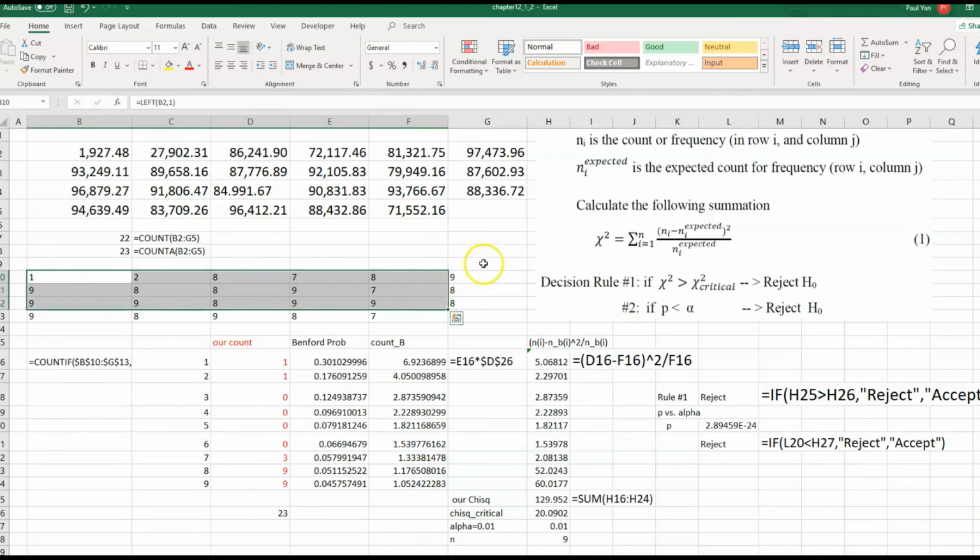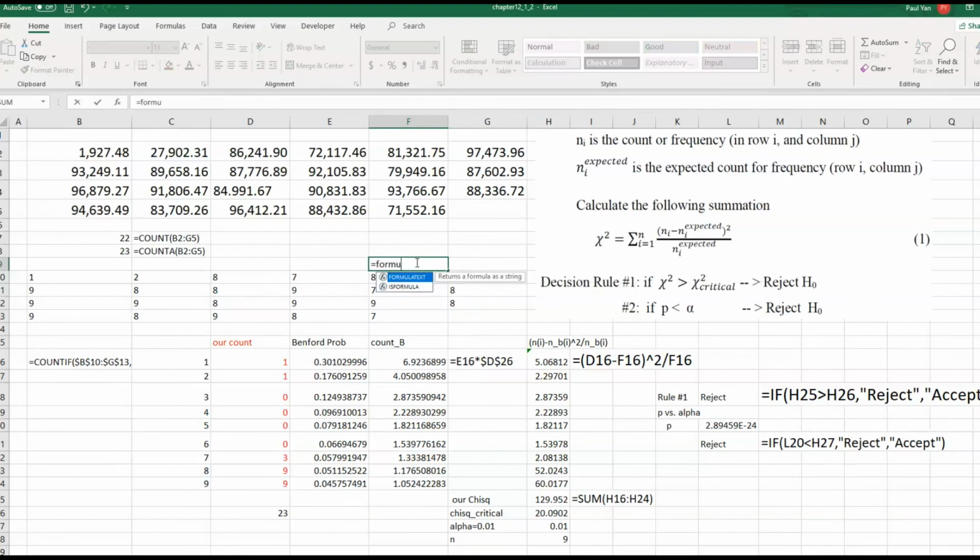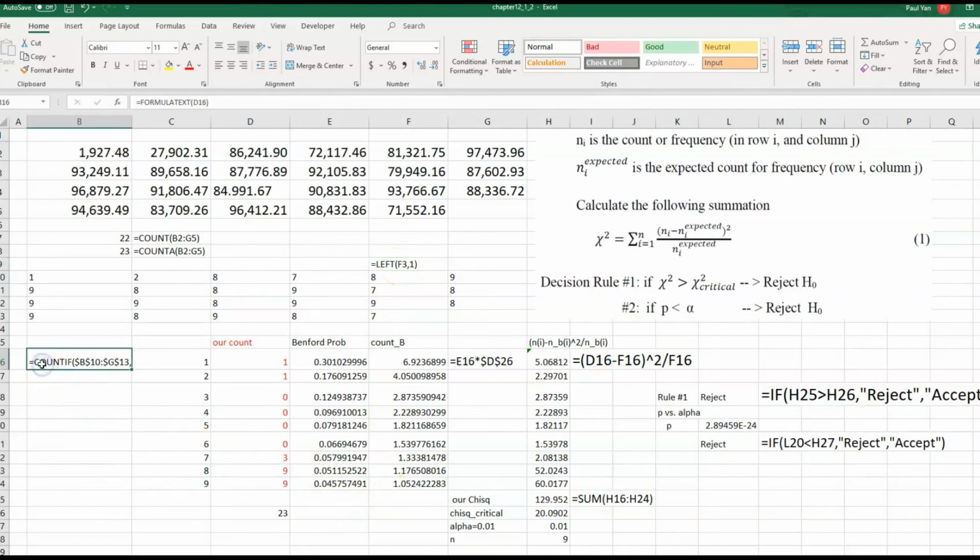We use the LEFT function on our numerical values to choose the first digit. Then we use COUNTIF to count the frequency of 1, the frequency of 2, the frequency of 3, and continue this way.